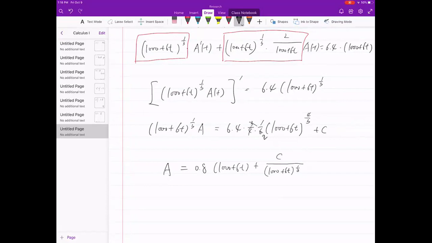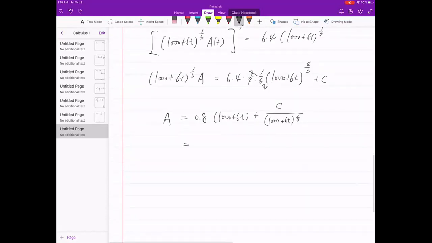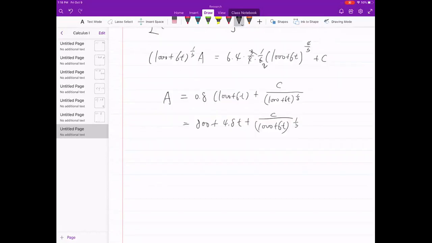Yeah, that's roughly what we got. Simplify a little bit: 800 plus c over the cube root. Finally, to finish, you have to plug in the initial condition.